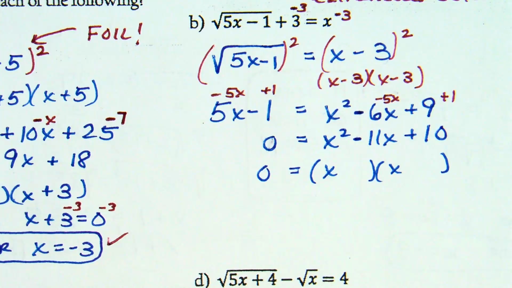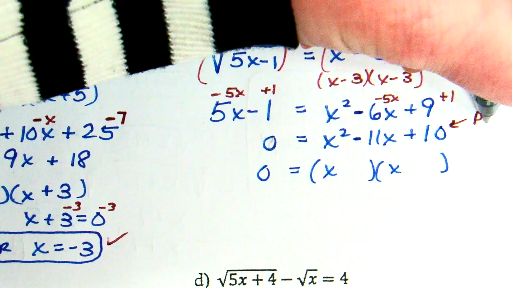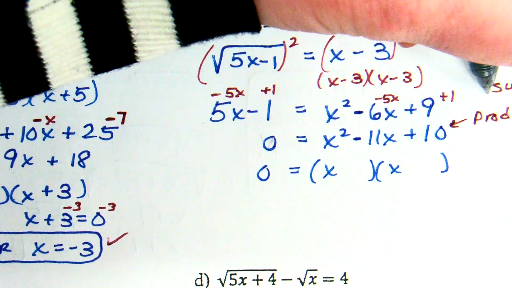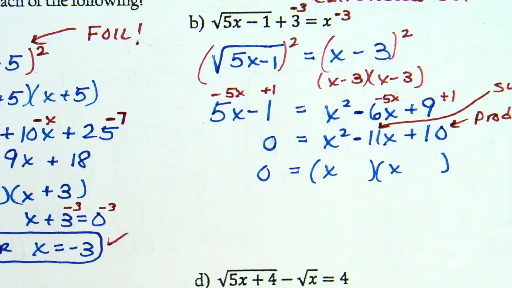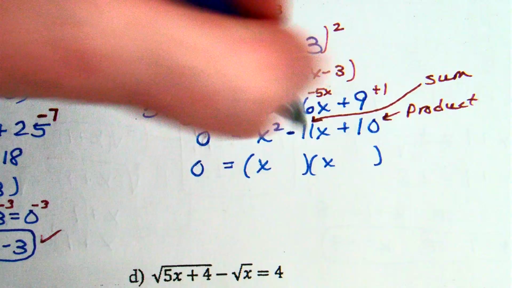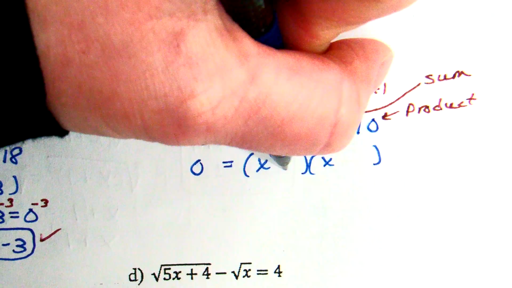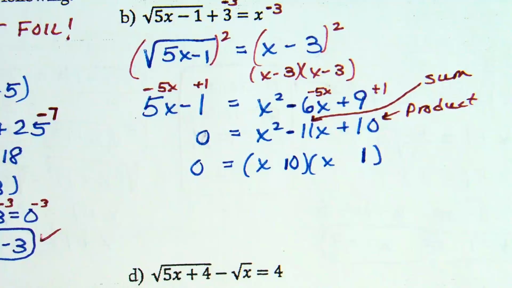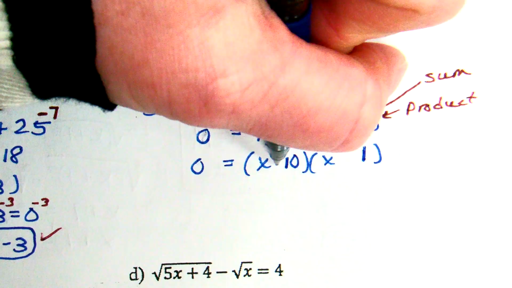A product of 10 and a sum of negative 11. Numbers that could multiply to be 10 and add to be 11: 1 and 10. If it multiplies to be positive, my signs have to be the same. And since it adds to be negative, they are both negative.